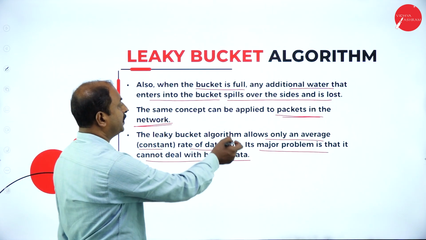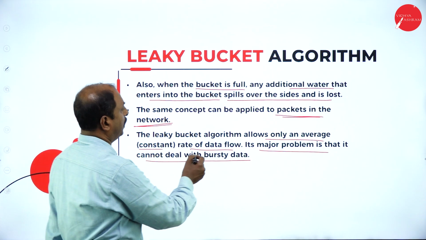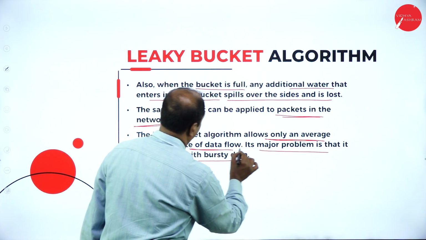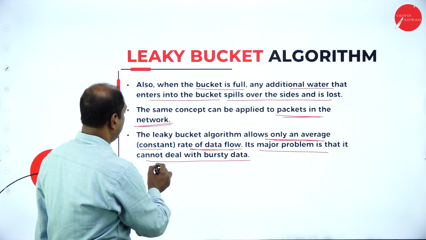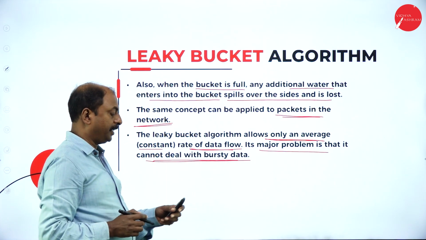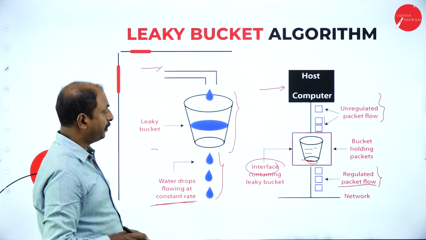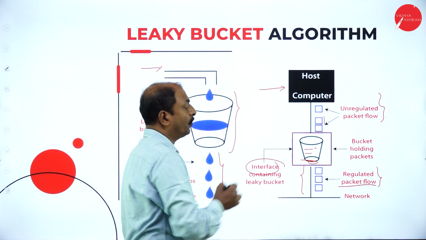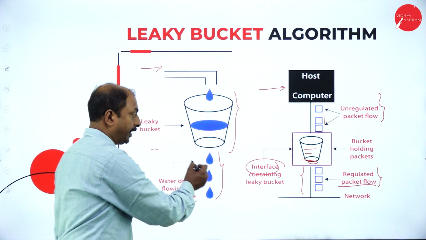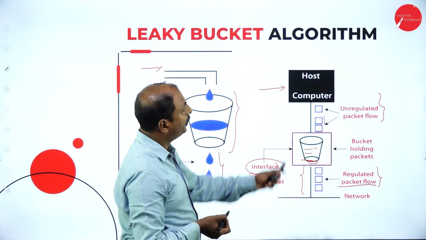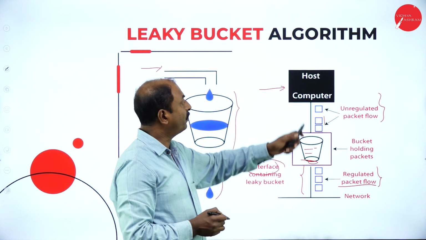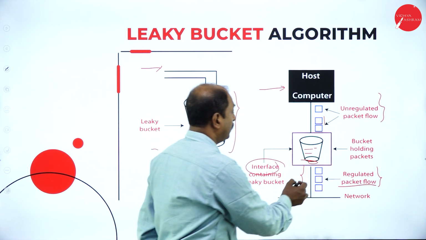Now again, what is the drawback of this? The algorithm allows only an average rate of data flow, and the major problem is that it cannot deal with bursty data. As we have seen in the diagram, there is a constant data flow in the network, irrespective of data coming into the network from different hosts or senders. This is one drawback.